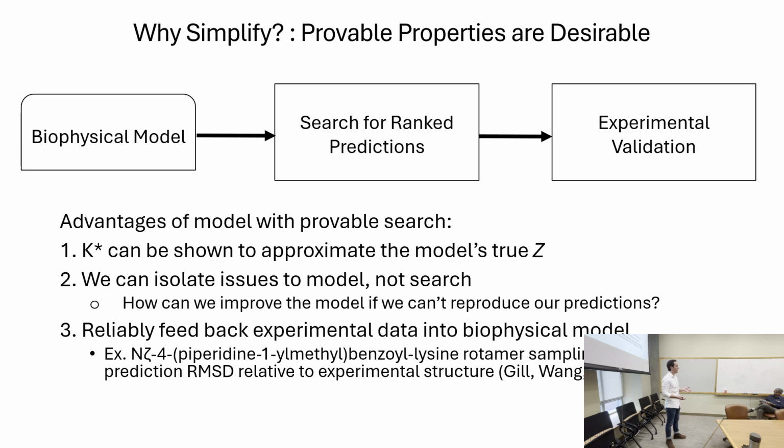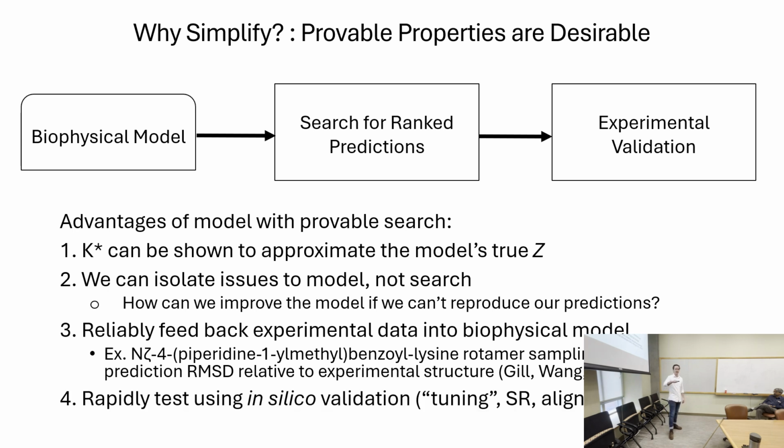They had an in silico method to sample rotamers. When they solved the crystal structure, they saw that the side chain conformation in the experiment was different from what Osprey predicted. They then inserted that rotamer back into the biophysical model, reperformed the search, and Osprey selected that same rotamer that was present in the crystal structure. So this is one of the many, many ways we can feed experiment back into our model.